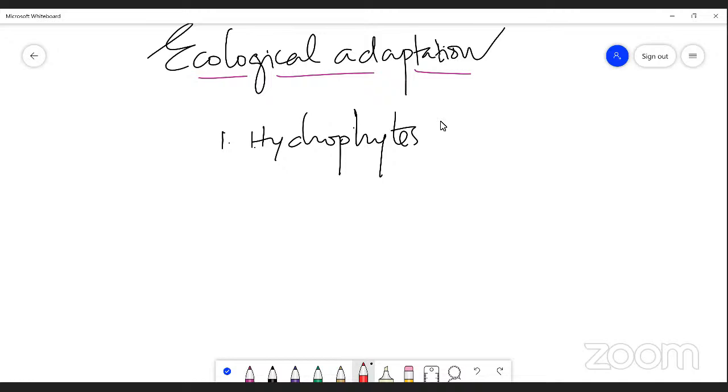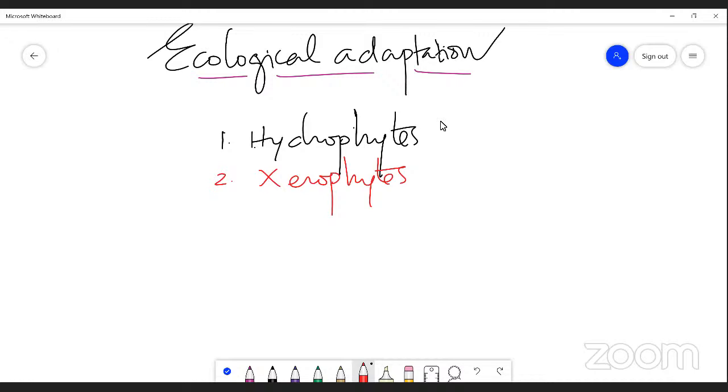The second one is Xerophytes. I'm talking about types of ecological adaptation. Xerophyte means the plant which grows in a dry region or arid condition, with almost no water in the soil, the place where an organism grows. I repeat once again, Xerophyte is a kind of adaptation in which there is no source of water for the plant.